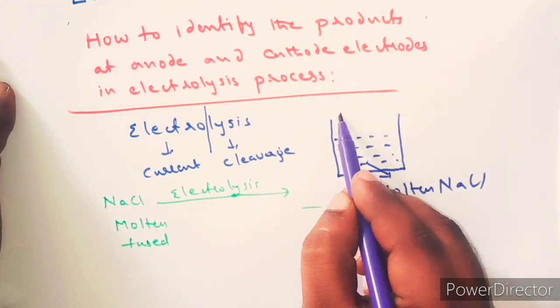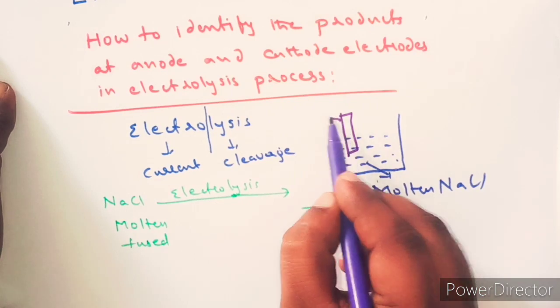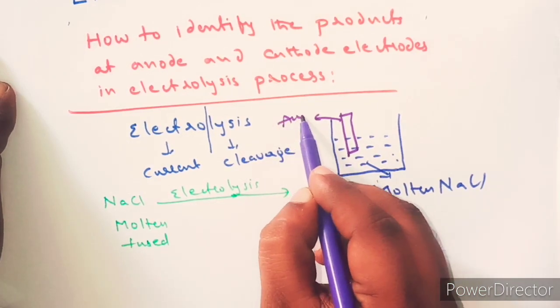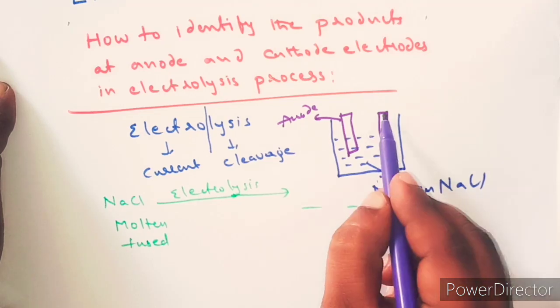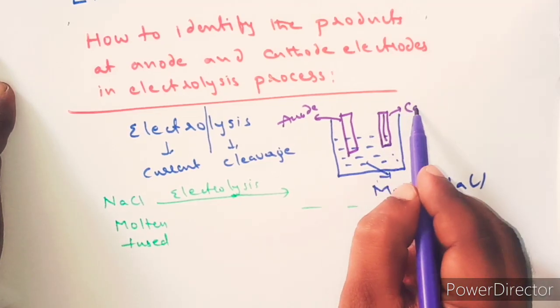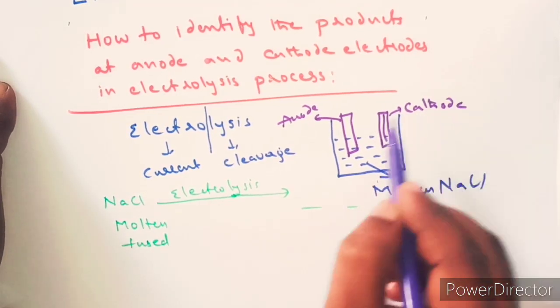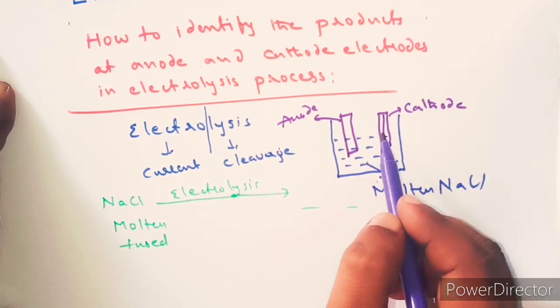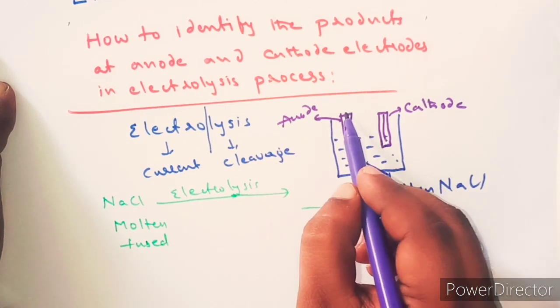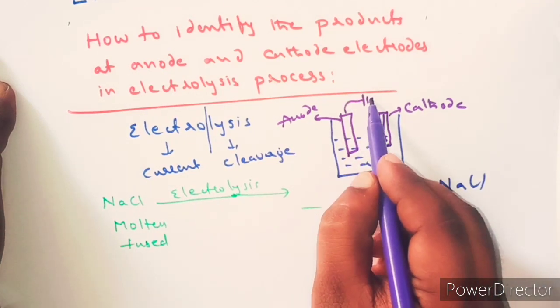Consider this one as the anode electrode, and another electrode is immersed here, considered as the cathode electrode. Generally metal rods or metal plates can be taken as electrodes, and we connect them to an external electrical source called a battery.